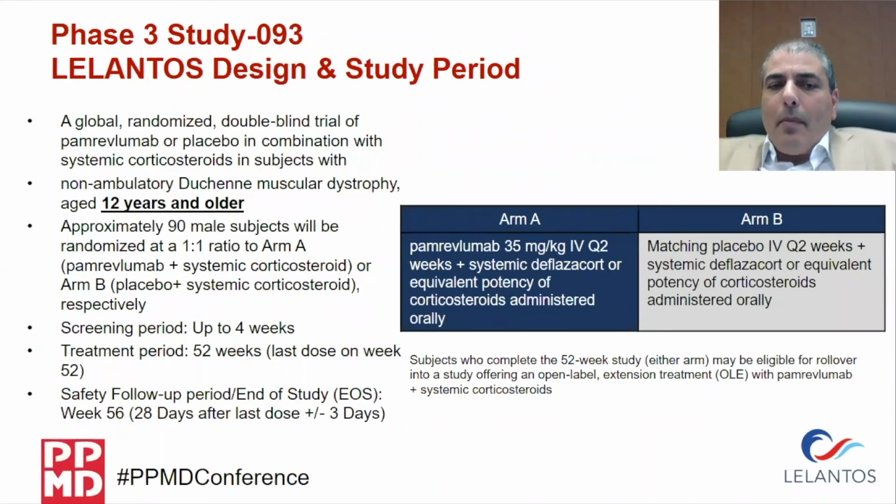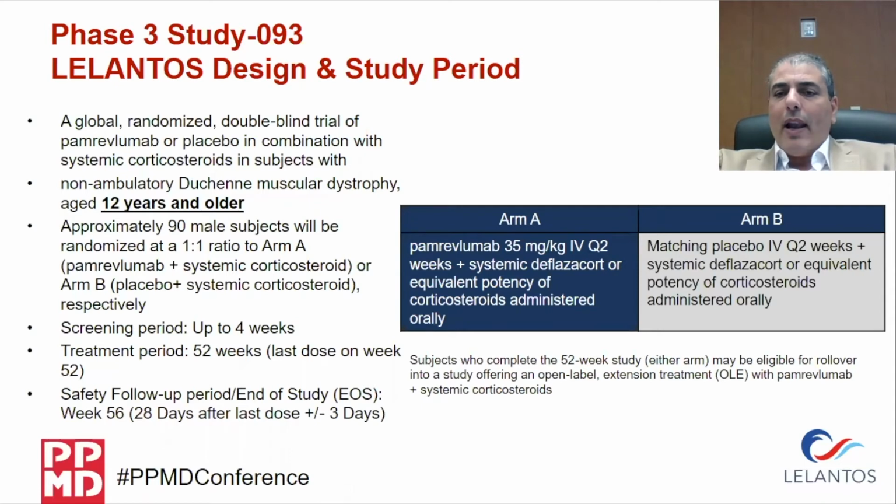All right, so as I mentioned, LELANTOS will be a global randomized double-blinded trial. We are targeting 12 years of age and older. We are targeting 90 patients, around 45 sites across the globe. The patients will be randomized in a 1-to-1 ratio. Arm A will receive Pamrevlumab 35 milligram per kilogram, plus systemic deflazacort or equivalent corticosteroid. Arm B will be matching placebo plus deflazacort or equivalent systemic steroid.